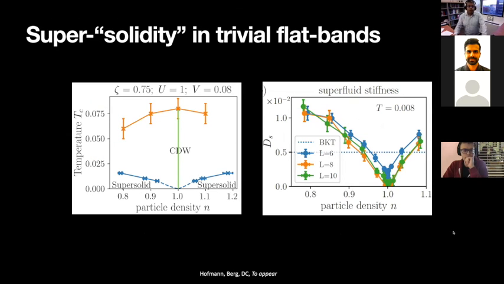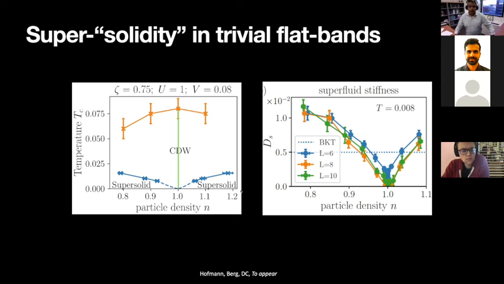Now the really cool thing about this model is that you can tune it into all kinds of other competing states, which includes, by turning on a very, very small nearest neighbor repulsion, a charge density wave in this perfectly flat band limit, and most interestingly, a supersolid. A supersolid is a phase of matter which is both a crystal, with some kind of spontaneous breaking of translational symmetry of the underlying lattice, and simultaneously also a superconductor.